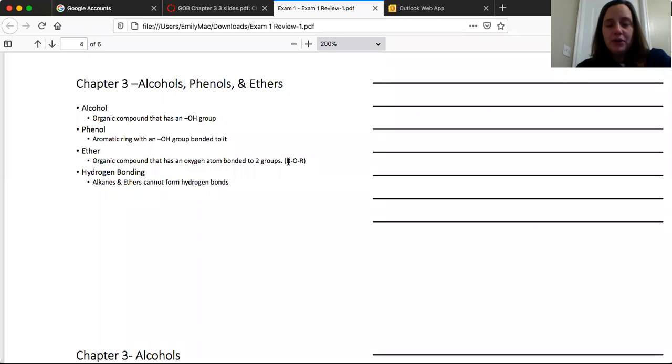So this would be a carbon chain, and this would be a carbon chain. And then hydrogen bonding. Alcohols and phenols can hydrogen bond, but ethers do not hydrogen bond with themselves because they don't have a hydrogen attached to the oxygen.